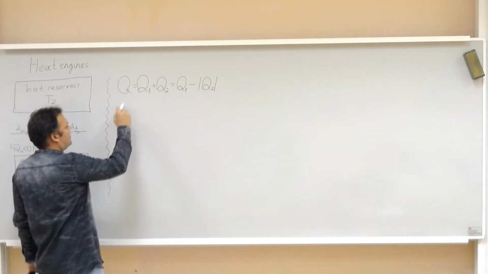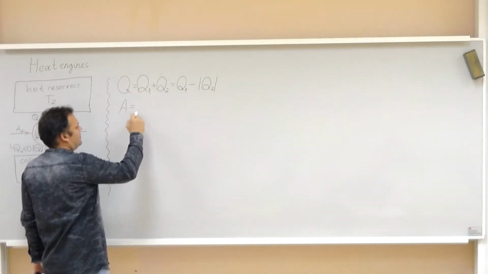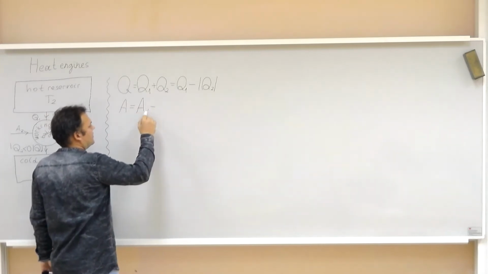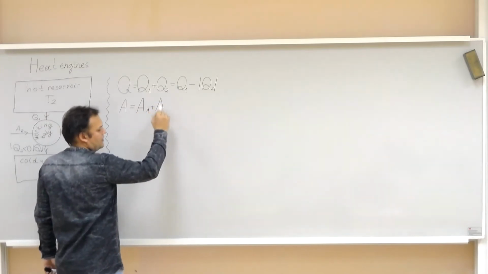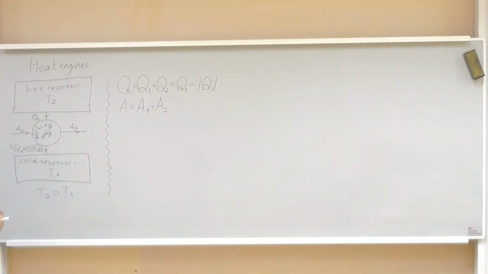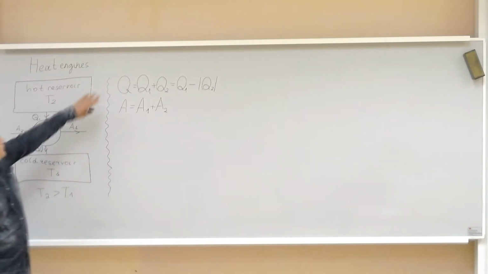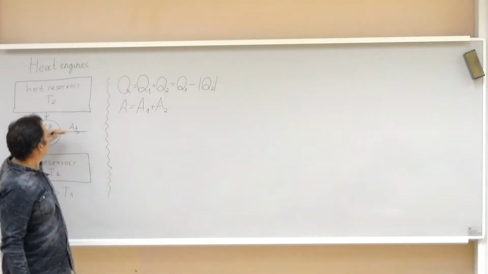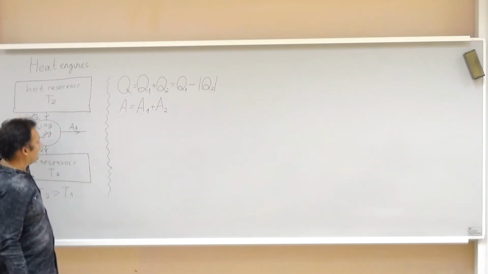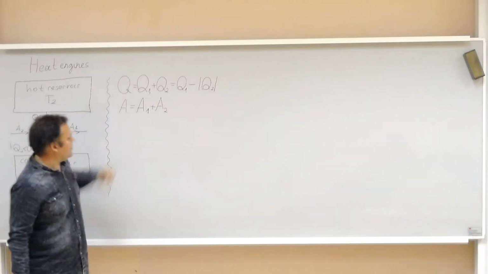The total work is equal to the work in stages 1 and 2, so we have A1 plus A2. This is the quantity of heat obtained by the working body during the whole cycle, and this is the total work.